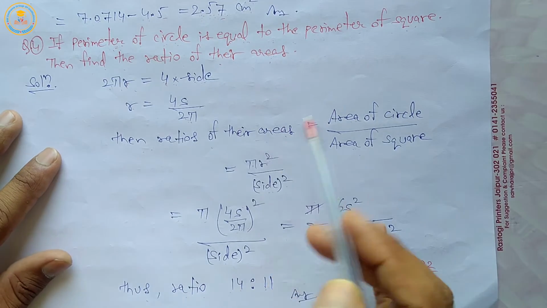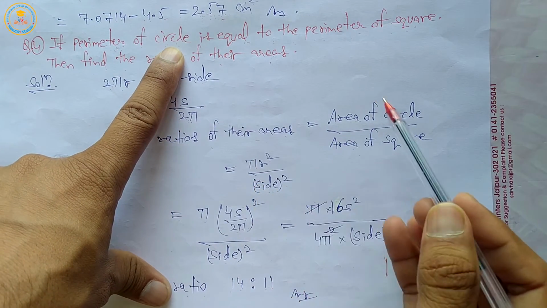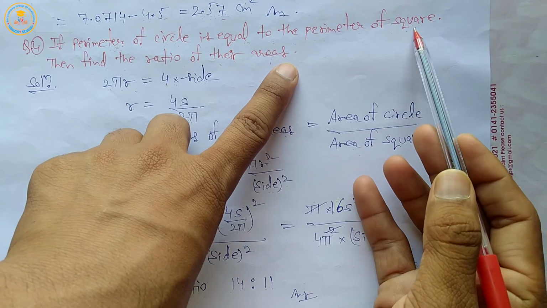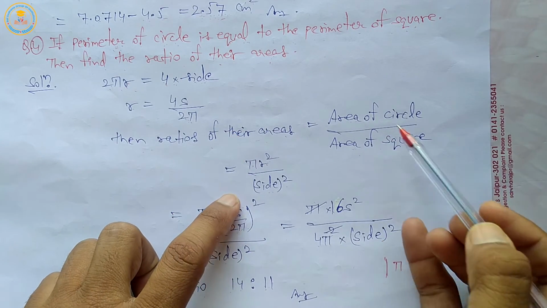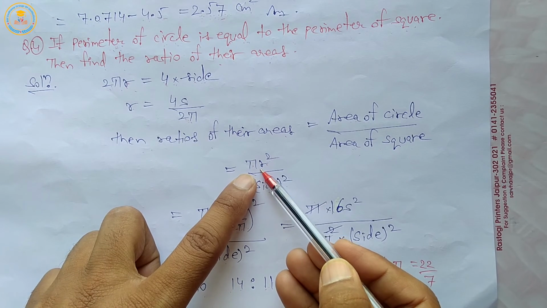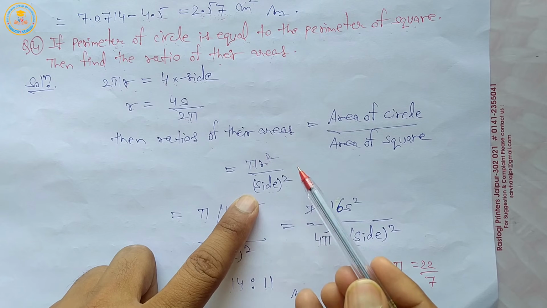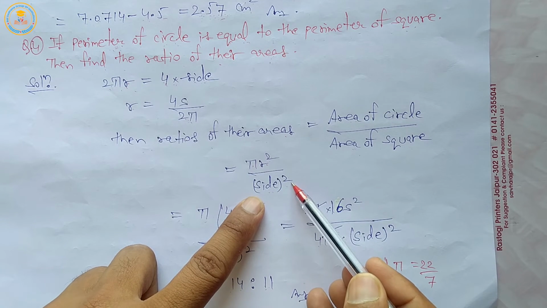Ratio of their areas means the area of the circle, given first, divided by the area of the square, given second. Area of a circle is pi r square, and area of a square is side square, side into side.